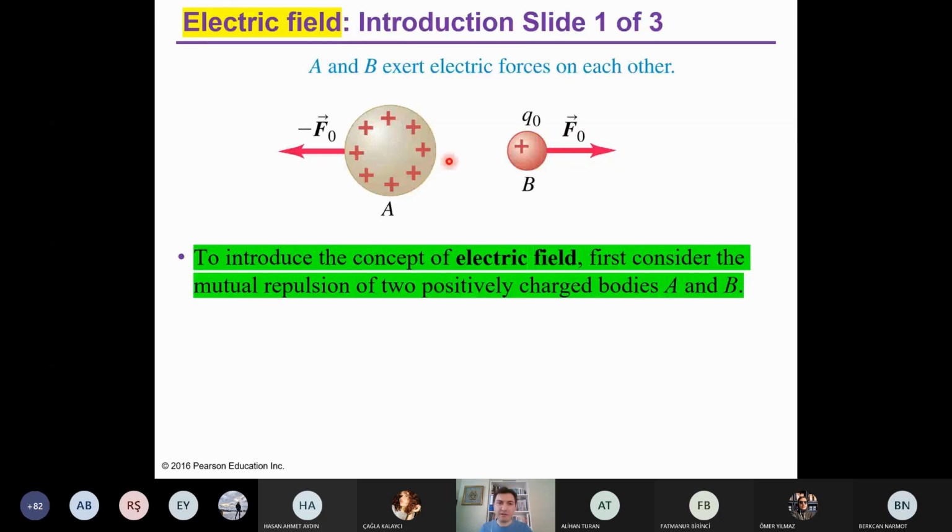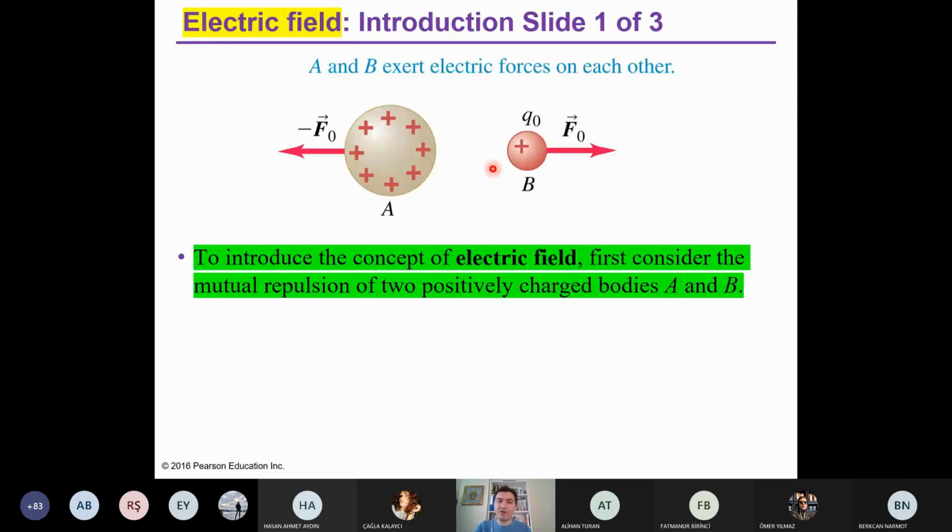You see that this test charge applies a force along the negative x direction, minus F0. And this ball applies a force with the same magnitude but opposite direction, because the force is repulsive. They repel each other, and in magnitude these forces are equal, but they are in opposite directions.